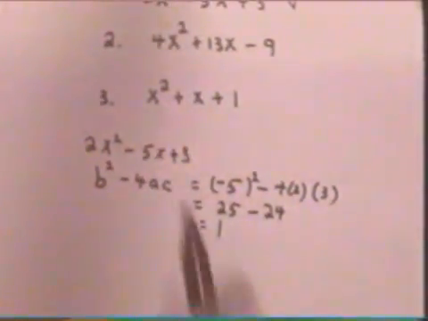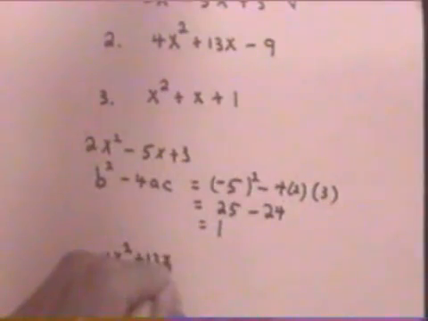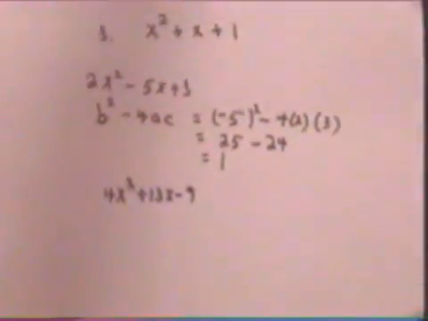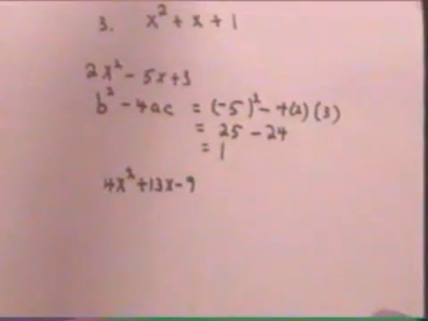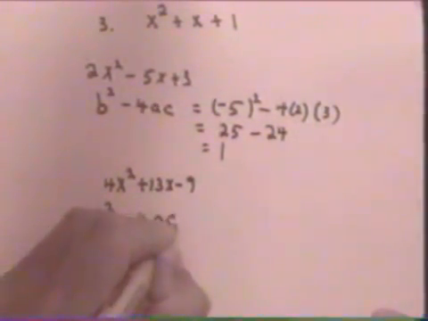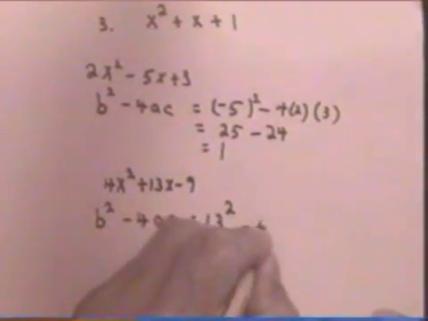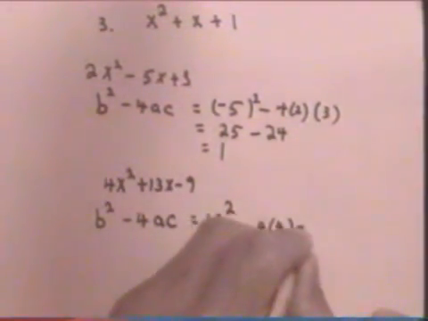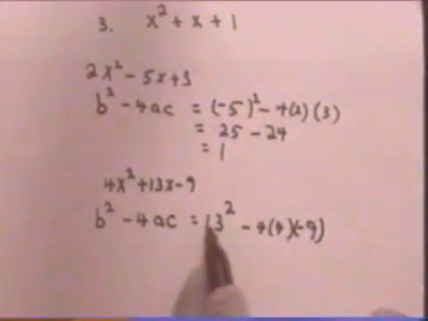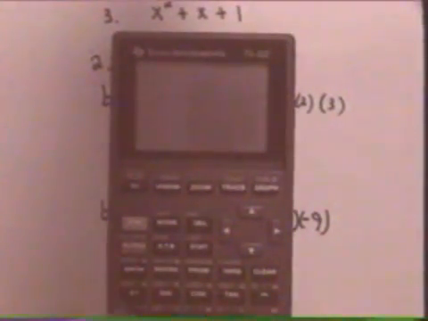What about 4x squared plus 13x minus 9? I need to evaluate the discriminant. The discriminant is b squared minus 4ac, which would be 13 squared minus 4 times 4 times negative 9. Those numbers are getting kind of big, so let's bring in the calculator.